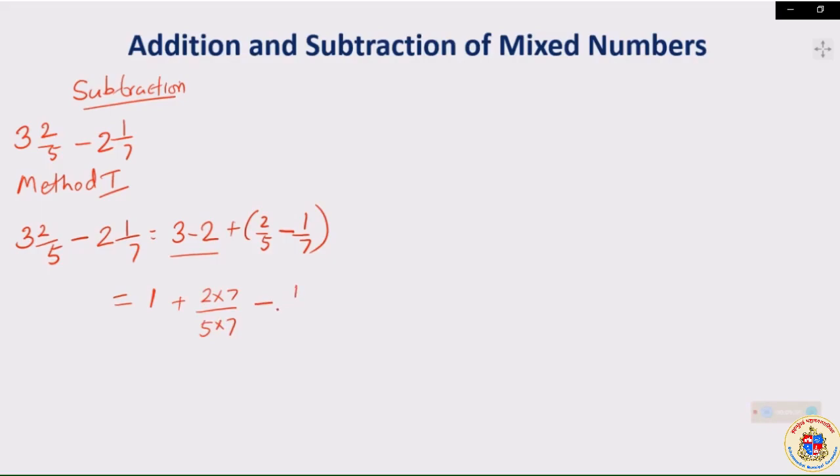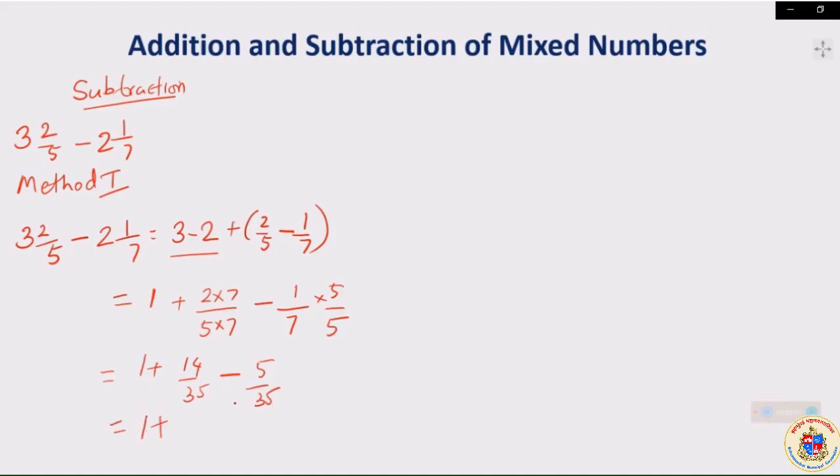LCM is 35, common multiple is 35. We will convert the denominator into 35 in both the cases. Here in first case multiplying both with 7, the other with 5. So we will get 1 plus 14 upon 35 plus, sorry, not plus, minus, it is 5 upon 35, and it is equal to 1 plus 14 minus 5, 9 upon 35.